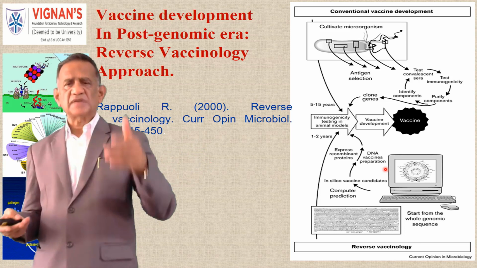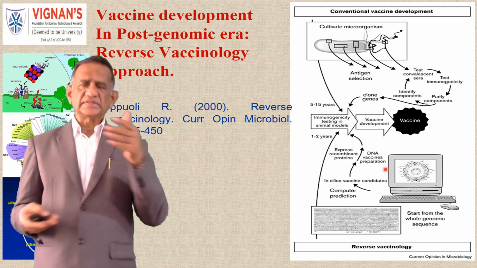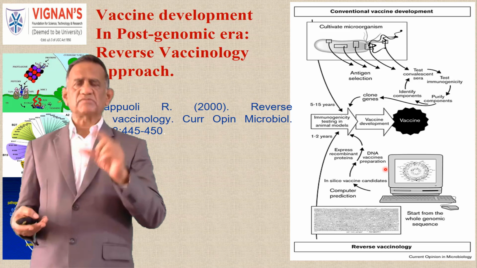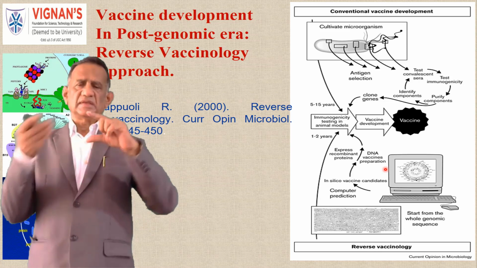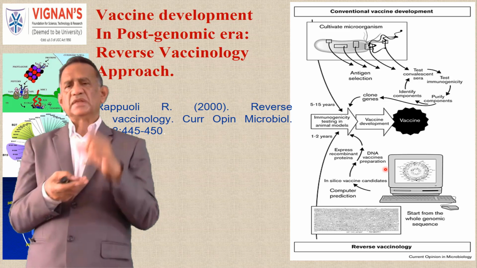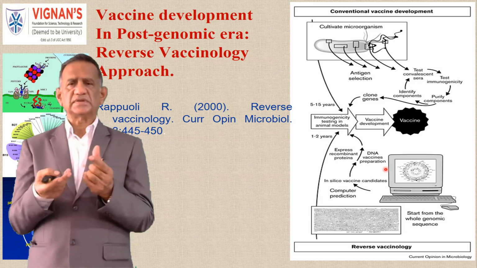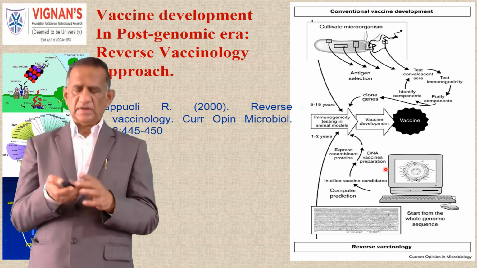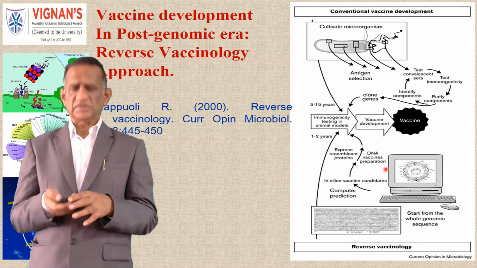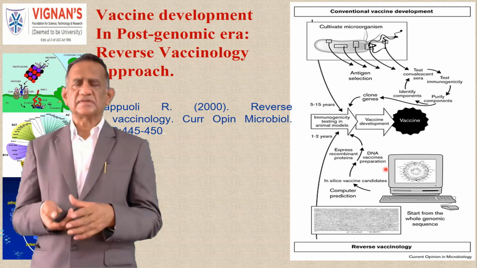That process takes about 1 to 2 years, so that we can ultimately synthesize the epitope sequences from the plasmids, wherein the DNA can be inserted, ligated. That plasmid gives the epitope sequences that can be purified, and you can make the vaccine. So that's what it is, reverse vaccinology, with which we can make this vaccine at the earliest.